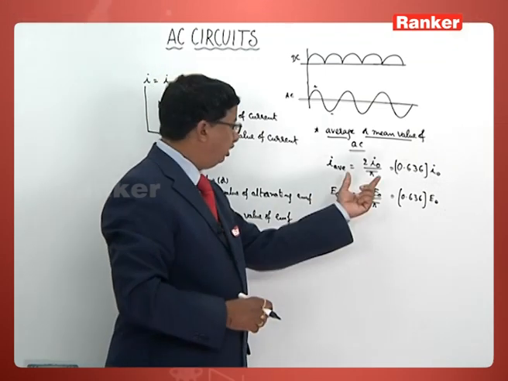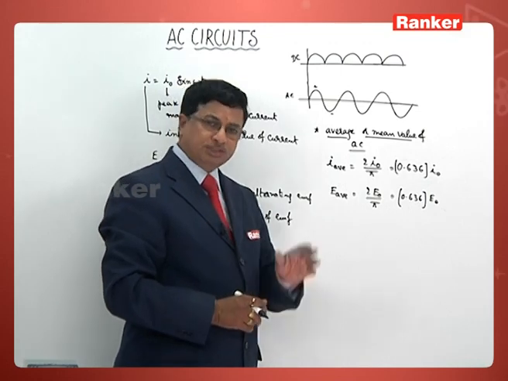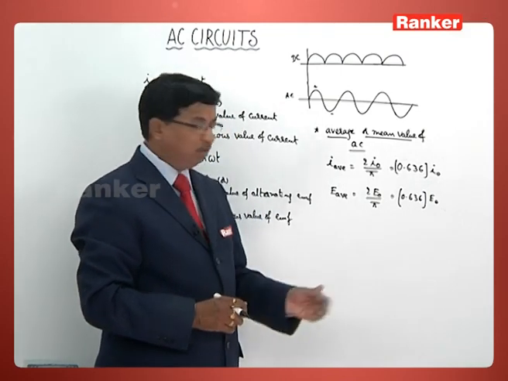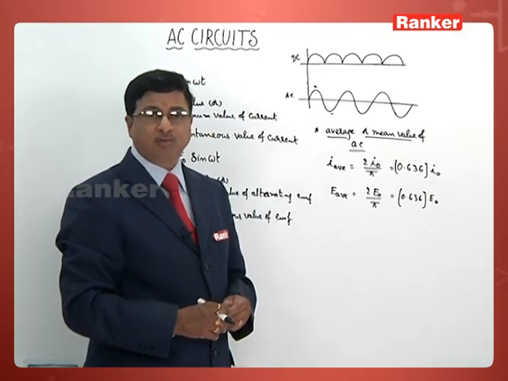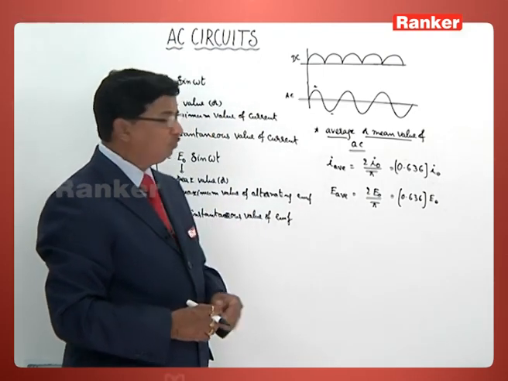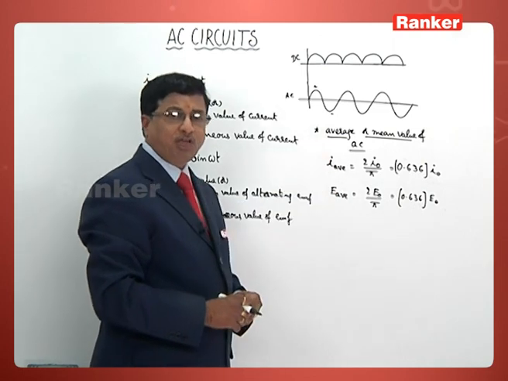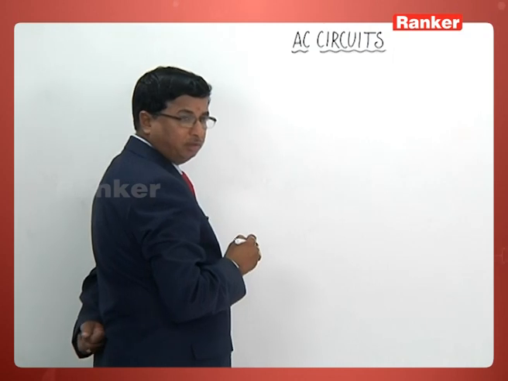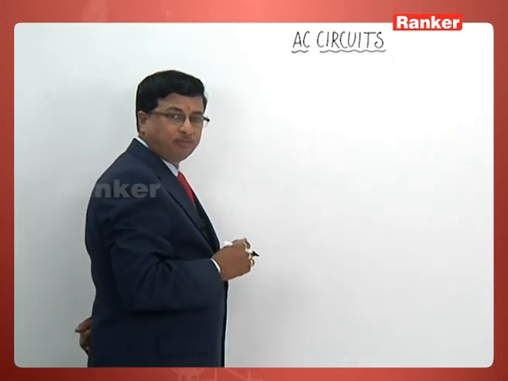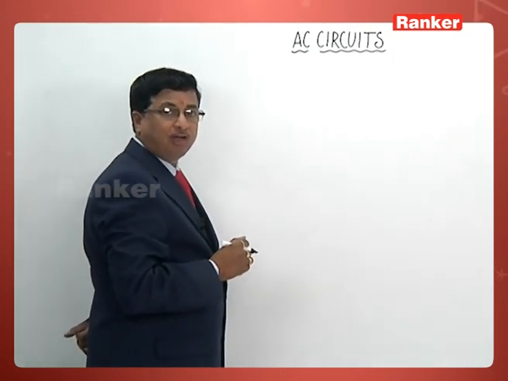Once we can derive one value, similarly you can understand the second one as well. That is the advantage we have in this chapter. So let us consider this average value of current first. Let us derive an expression for the average value of alternating current.